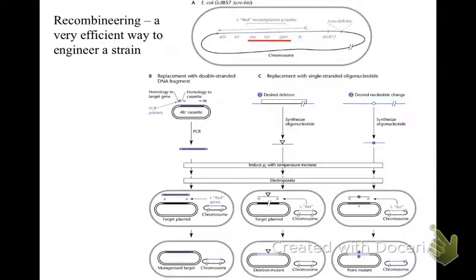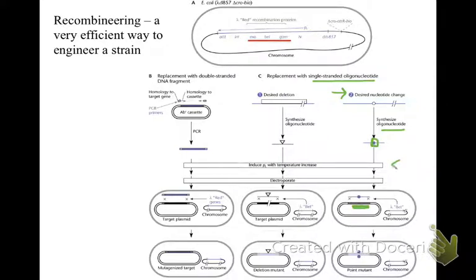Well, let's look at another example. And in this case, they're actually using single-stranded oligonucleotides to make a replacement. So here let's look at example number 2, but a deletion would be done in the same way. We synthesize an oligonucleotide, and it's going to match our gene of interest down here on the plasmid, but we've added a single base pair change.